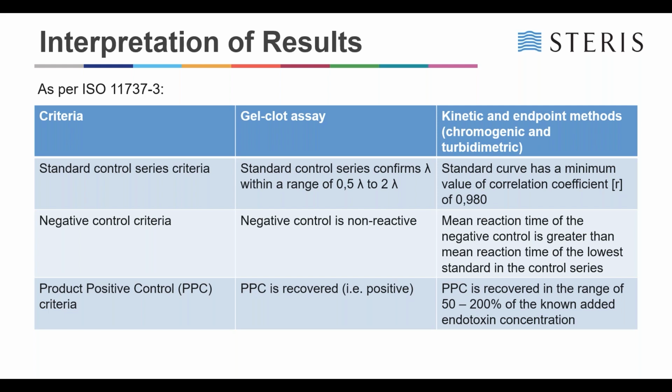And criteria for standards is important, as well as negative control and the positive product control. And we can see these standards here include both our gel clot and kinetic and endpoint methods. However, there is some differences here, but they both have criteria set for the quality control of the test method.